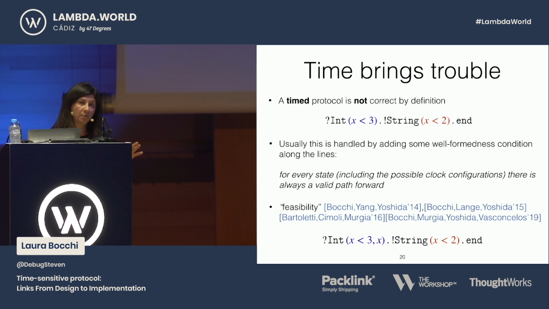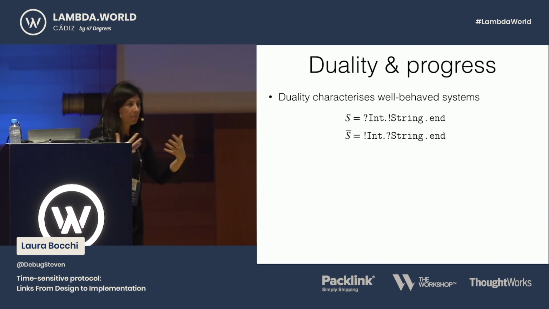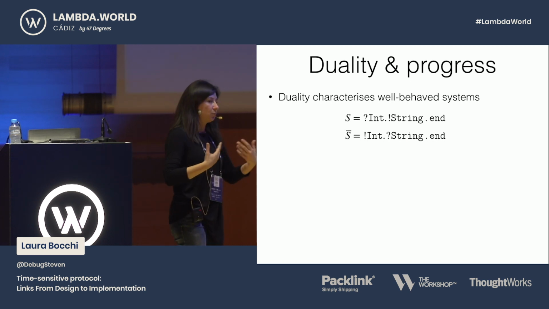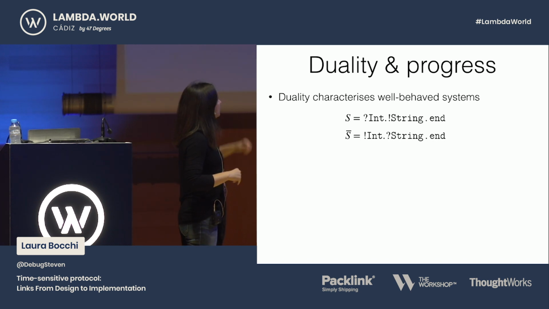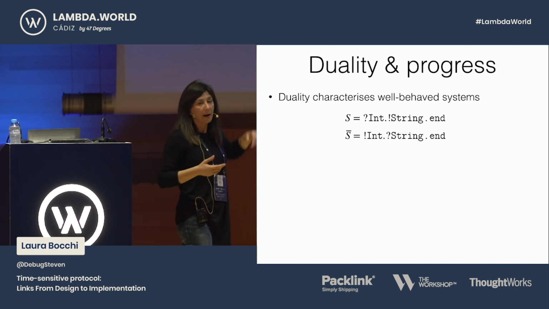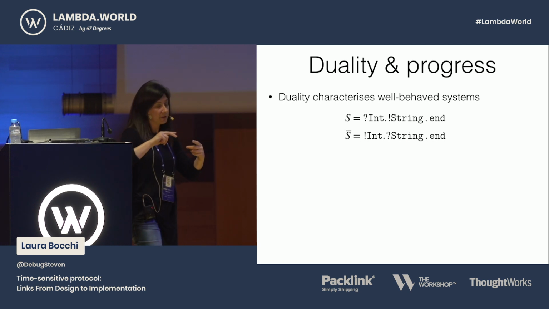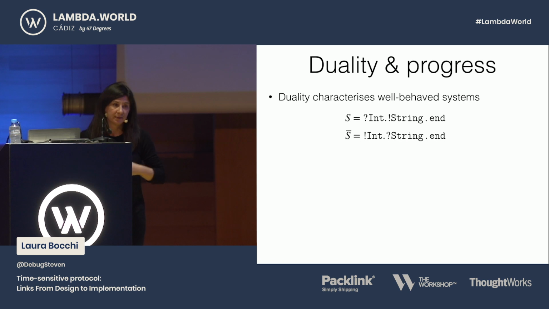Okay, so let's assume from now on that the single protocols we are considering are well-formed. And let's look at the problem of compatibility, of duality. So in the untimed world, duality, so this relation between types where one is exactly as the other, but the directions of the interactions are reversed, characterizes these well-behaved systems.